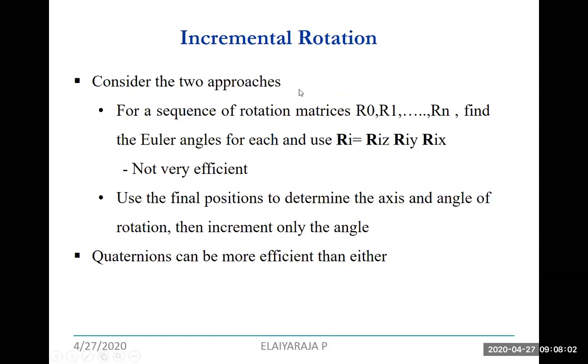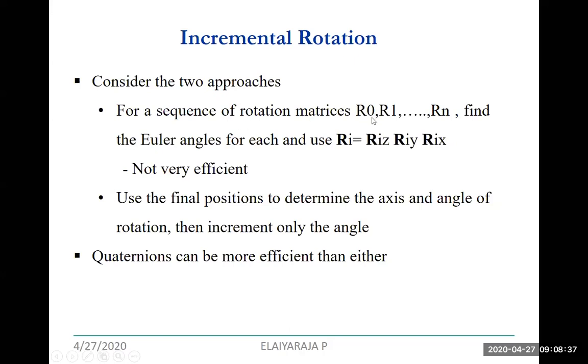When you perform more than one incremental rotation, say the initial position of the object is x equal to 10, y equal to 20, z equal to 15, and the first rotation is theta equal to 30 degrees, and next theta equal to 60 degrees. In that way, incremental rotation may consider two approaches.